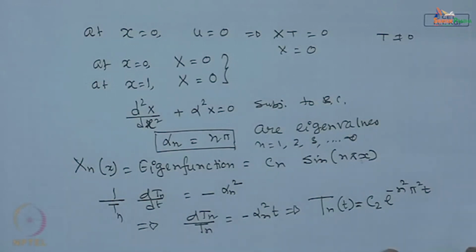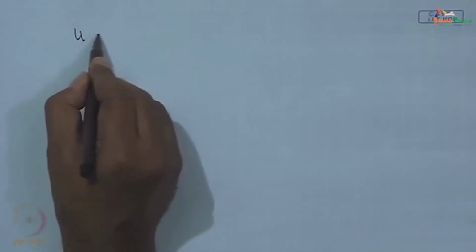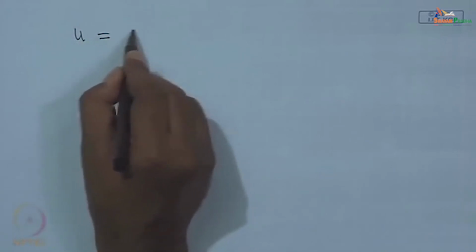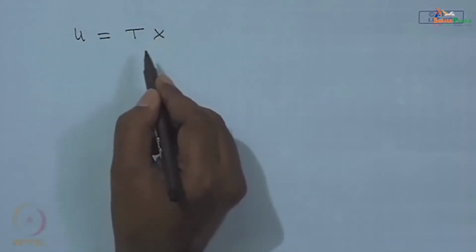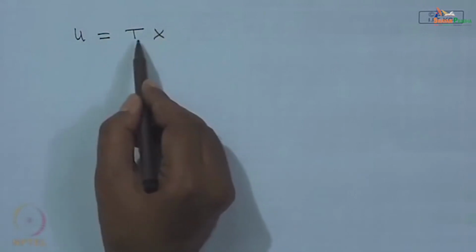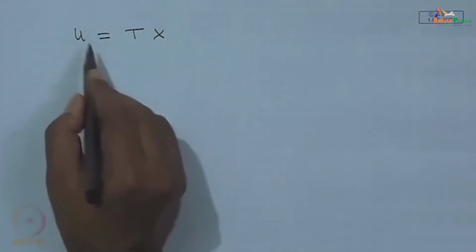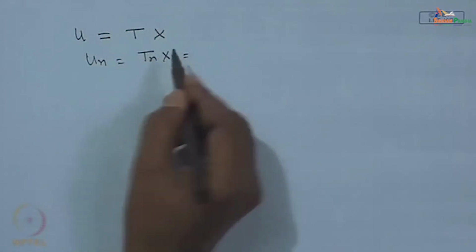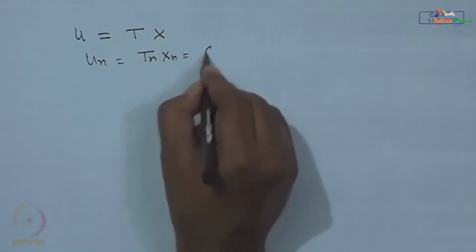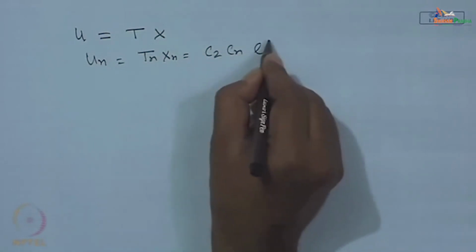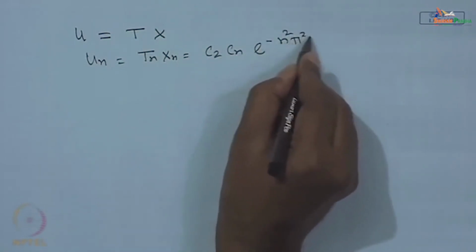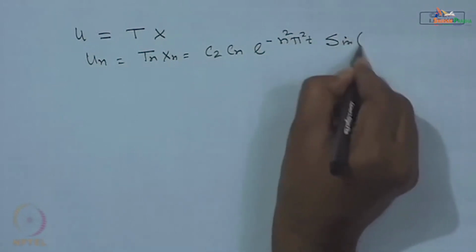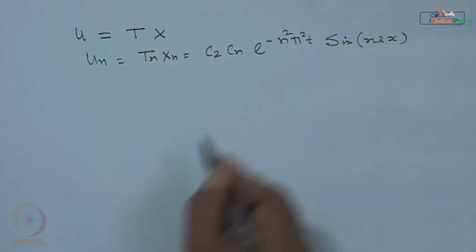Now, we construct the complete solution. If you remember, u was the product of T and X. So, for the nth eigenvalue, we will have u n is equal to T n X n, and this will be nothing but C 2 multiplied by C n e to the power minus n square pi square t sin n pi x.